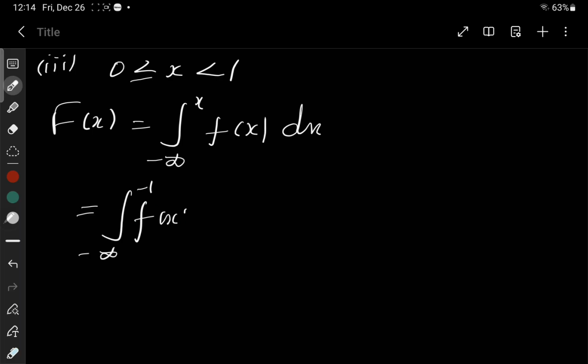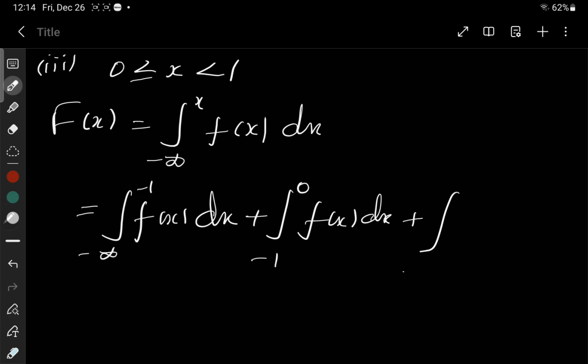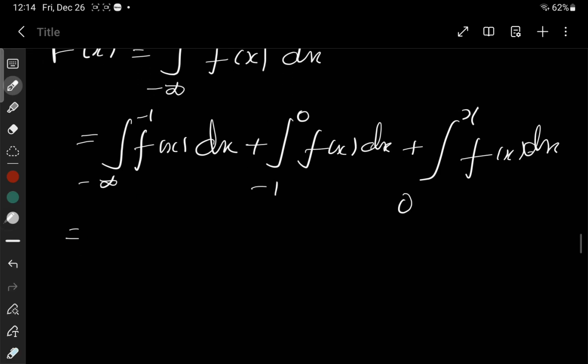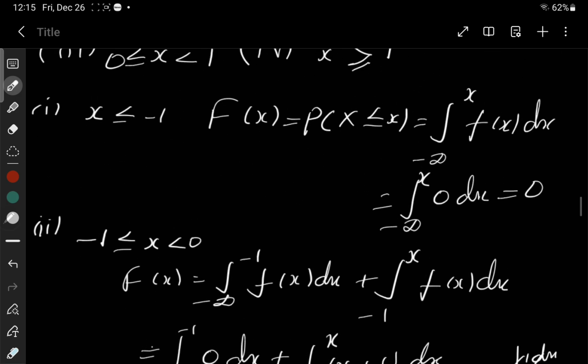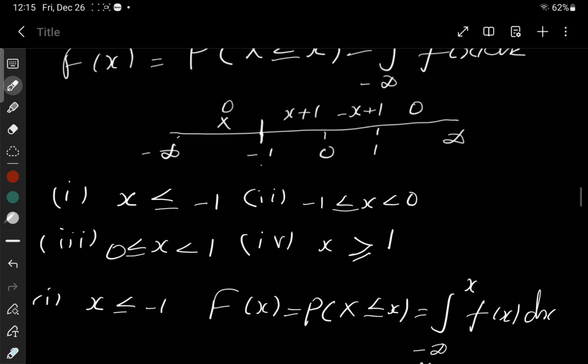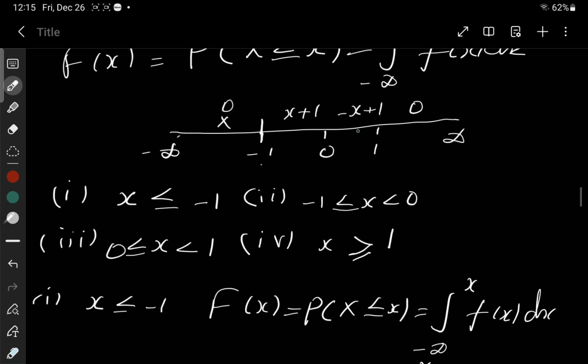f of x dx, plus minus 1 to 0 f of x dx, plus 0 to x, f of x dx. See, as we said, minus infinity to minus 1, here the function is 0 dx, plus minus 1 to 0, function is x plus 1.